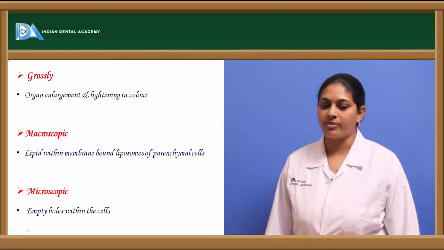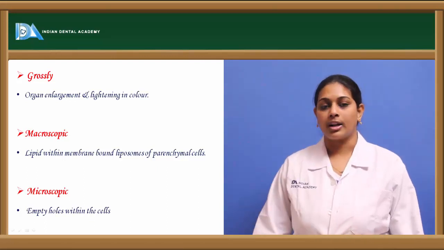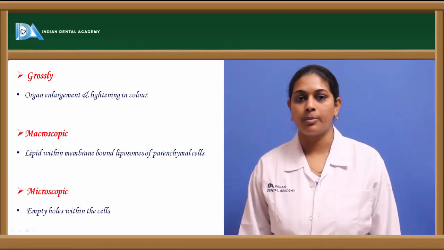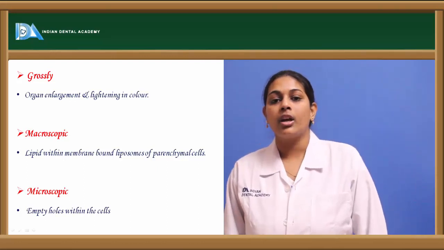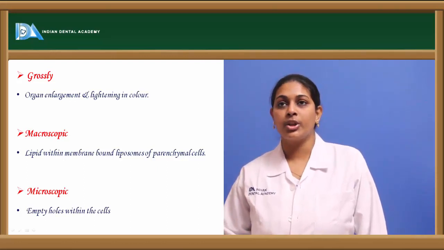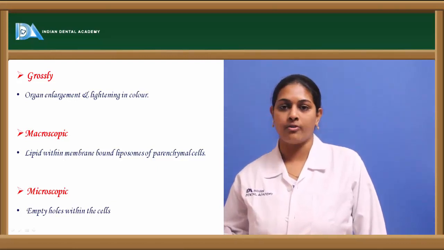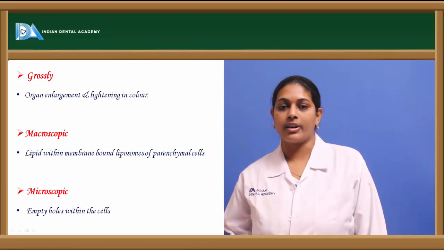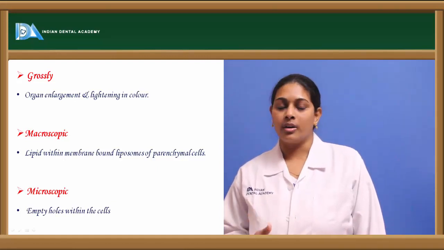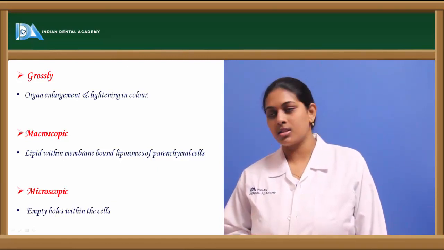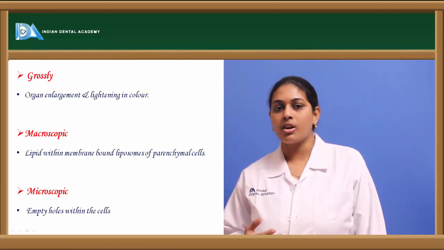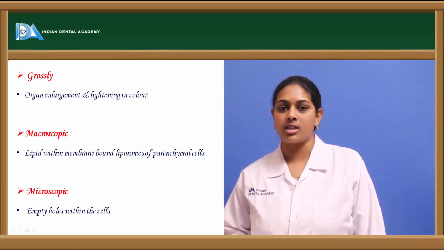Coming to the microscopic feature, since lipid is a structure which is soluble, during the processing of this section of a macroscopic section of an affected organ, this lipid is removed from the microscopic structure. Because of that, they appear as empty spaces within the cell.